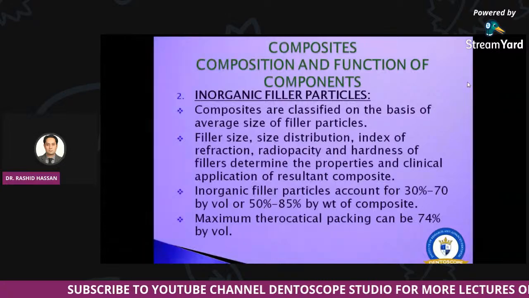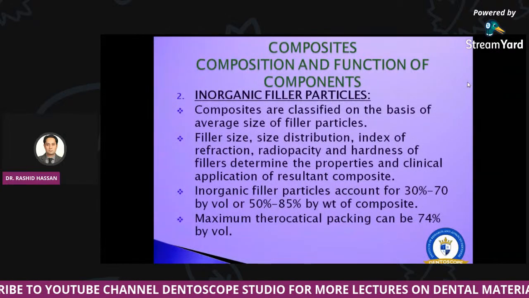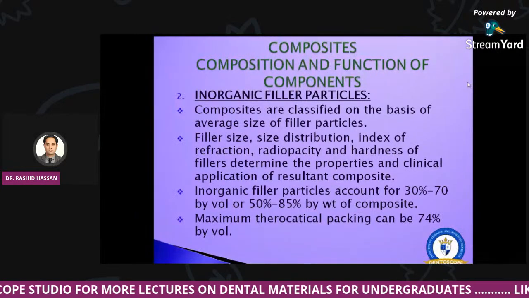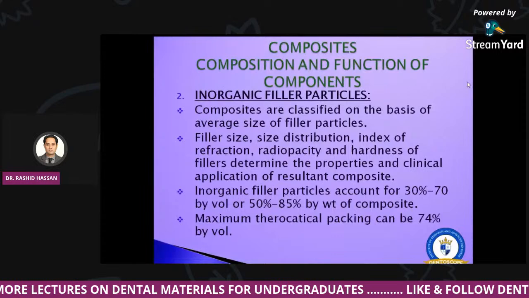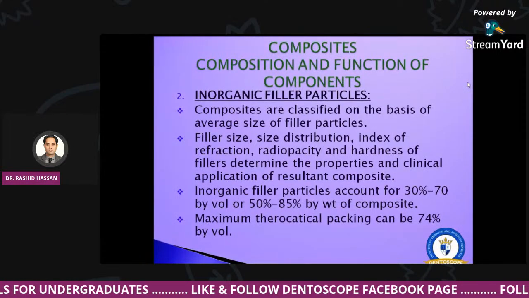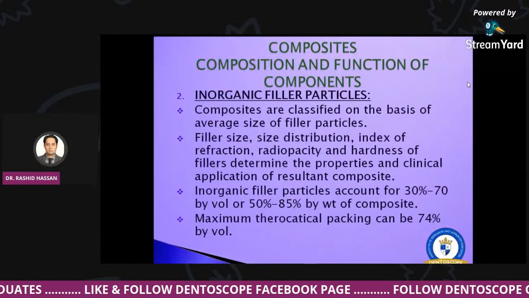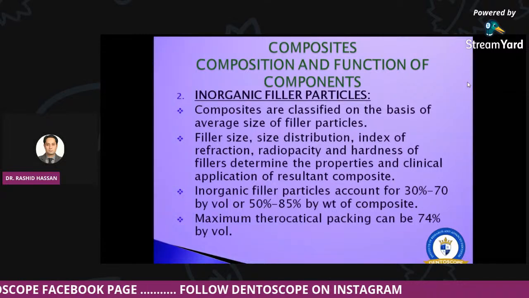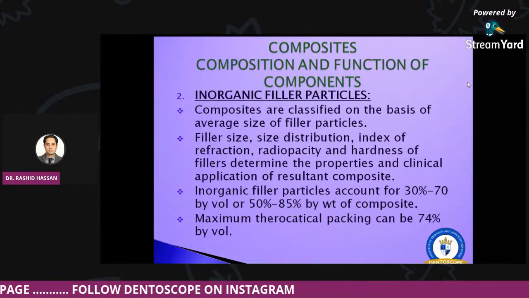More than 74% is not going to serve your purpose, because then the percentage of the polymer matrix and the other components is going to be lowered. So that's why the theoretical amount of inorganic filler particles that you can add should be about 74%.